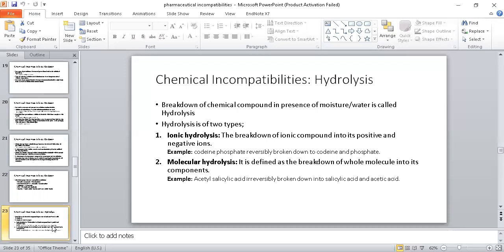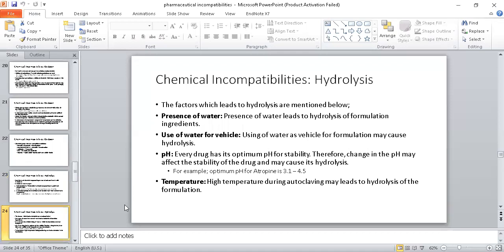Example: codeine phosphate is reversibly broken down to codeine and phosphate. Molecular hydrolysis is defined as the breakdown of a whole molecule into its components. For example, acetylsalicylic acid is irreversibly broken down into salicylic acid and acetic acid.